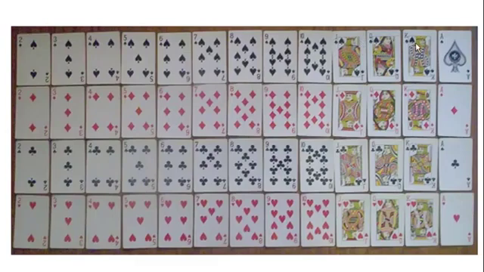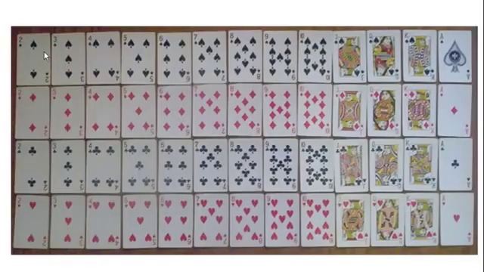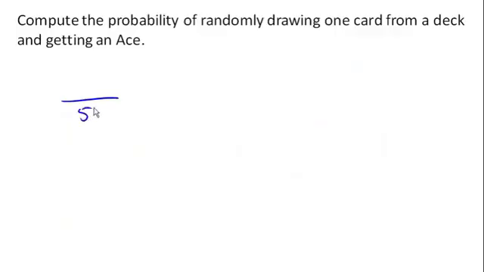So the question was, compute the probability of randomly drawing one card from a deck and getting an ace. Well, again, we will need to say how many ways can that event occur out of all the possibilities. So there are 13 different cards for each of 4 suits. So there are 52 possible cards in the deck.